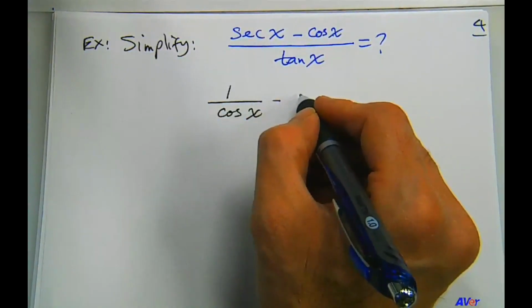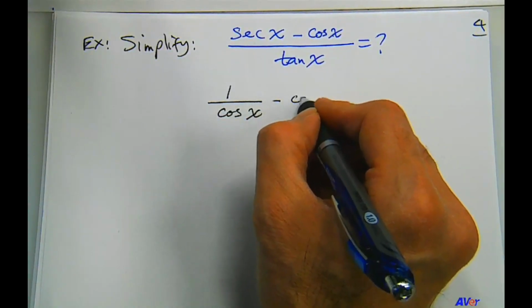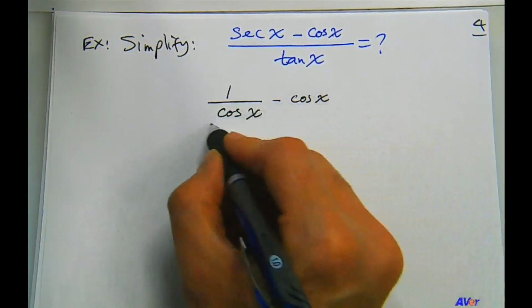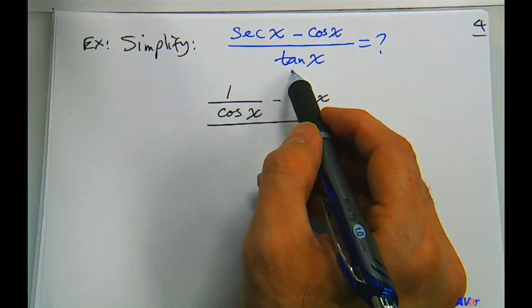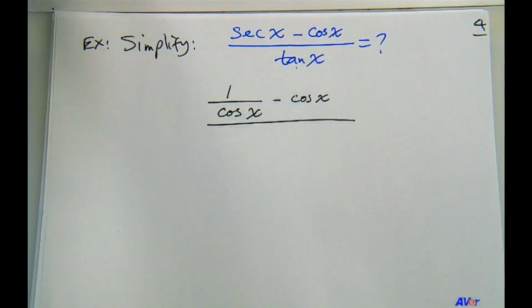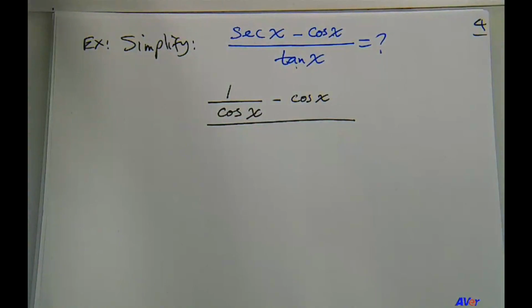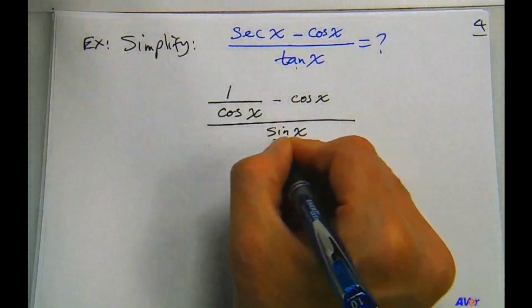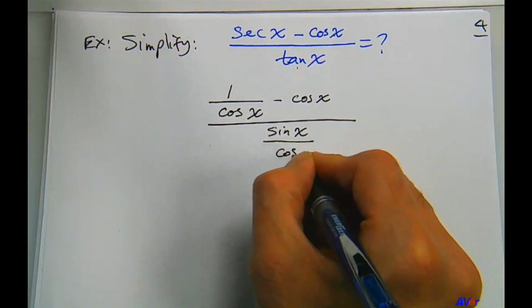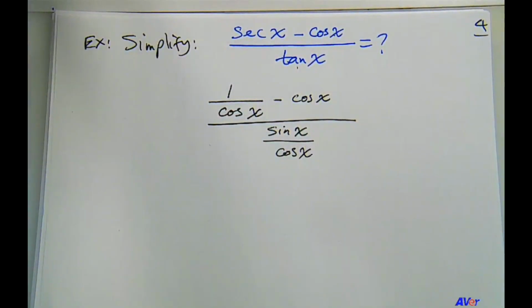Minus, I'm going to leave cosine of x alone, so cosine of x divided by tangent of x. Remember what connection this has with sine and cosine? Tangent of x is equal to sine of x divided by cosine of x. If you said that, wonderful. So sine of x over cosine of x.